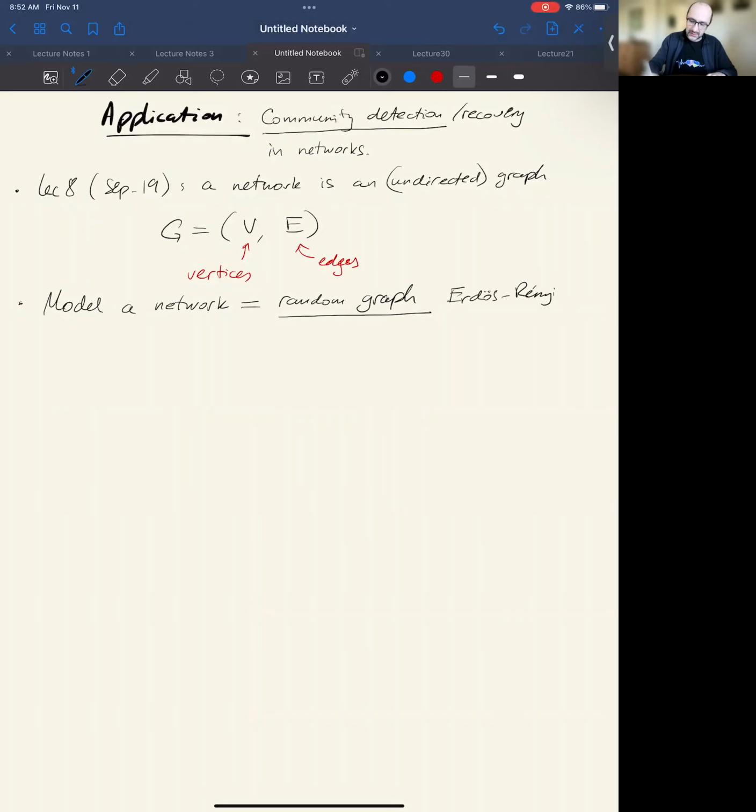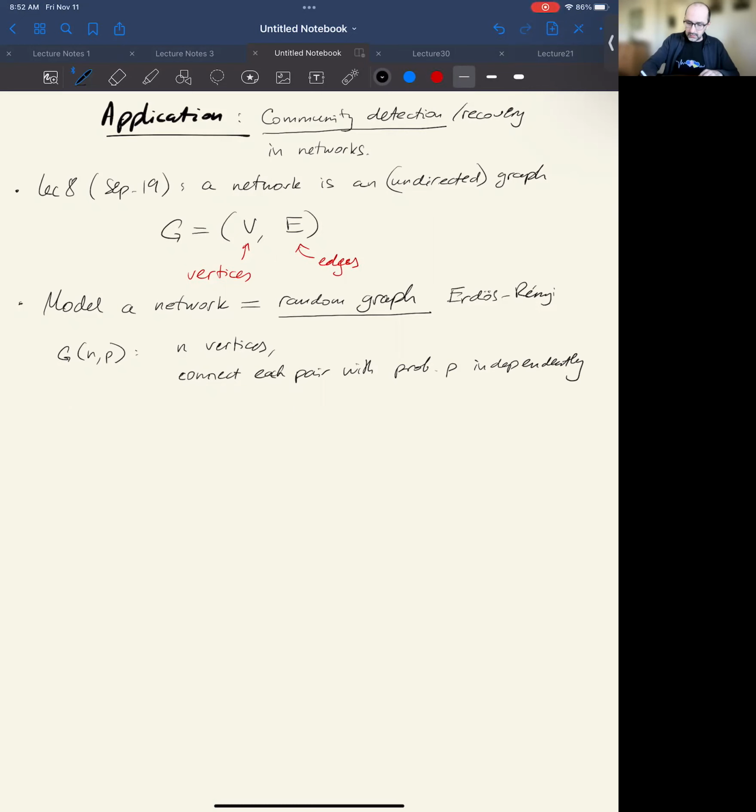Erdős-Rényi random graph G and P, which has n vertices, and we connect each pair of vertices with given probability P independently. So we have n users, and they can be friends or not friends. Each pair is a friend or not friends with probability P independently of any others.